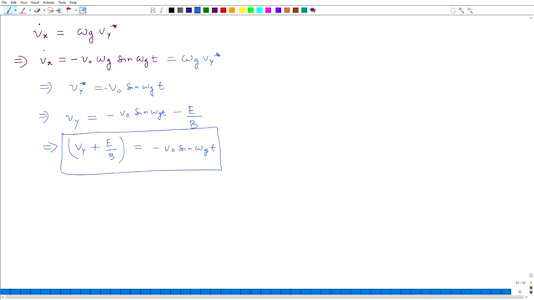you can also calculate y from this equation, and what will that be? So, y will be something very interesting. y will be equal to minus V0 by omega g, and sine will be cos with a minus sign, so it will actually become plus cos omega g t minus E by B t plus y0.